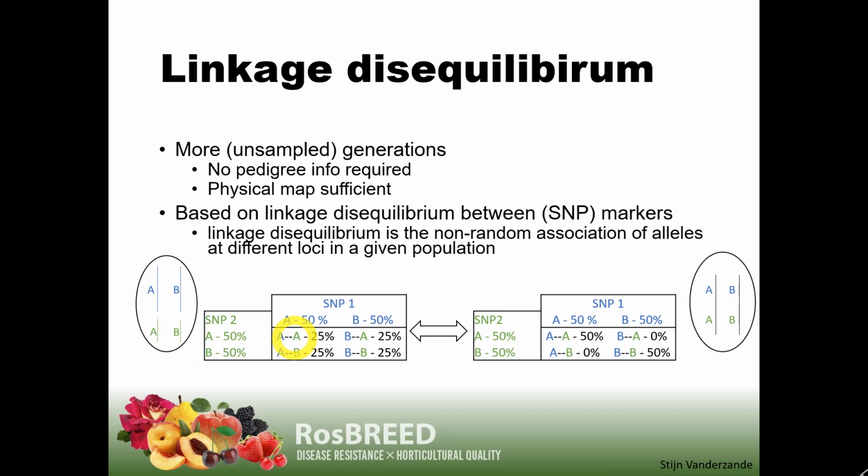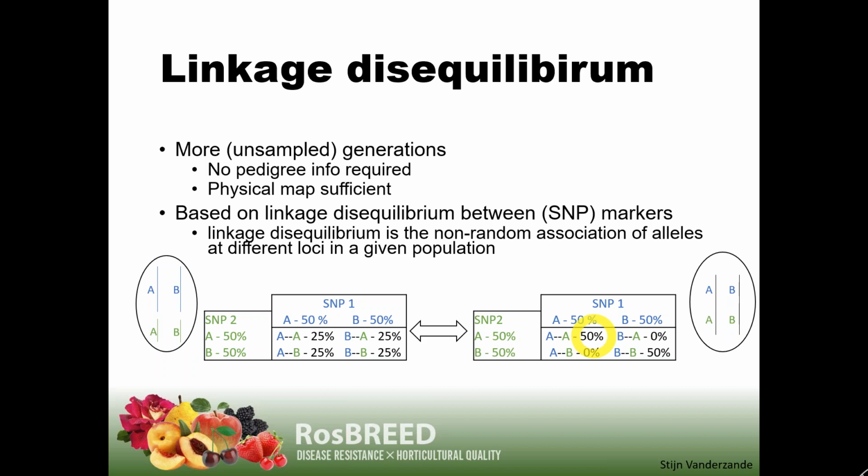But when markers are linked, that's not the case. When markers are linked, it might be that A and A occur almost all of the time. So that would mean that the alleles at both loci are strongly correlated and they're highly linked. And that's what happens when there's linkage disequilibrium, which, well, basically it's the correlation between the 2 alleles.